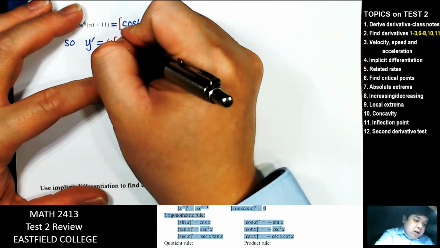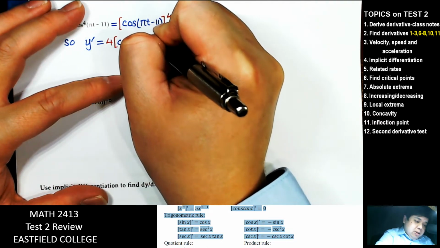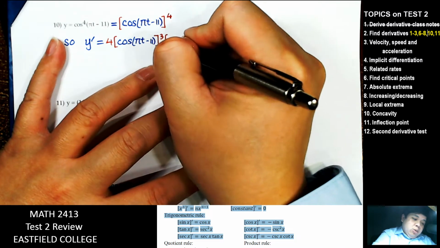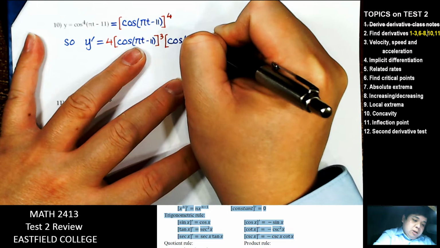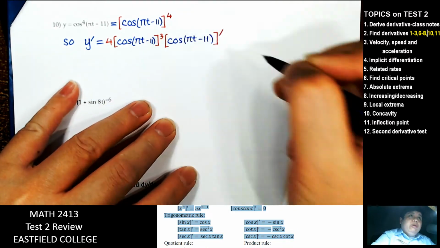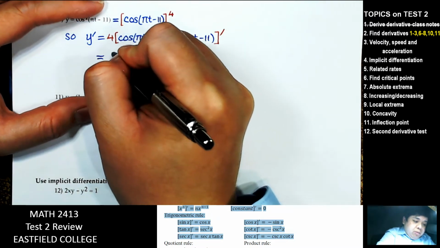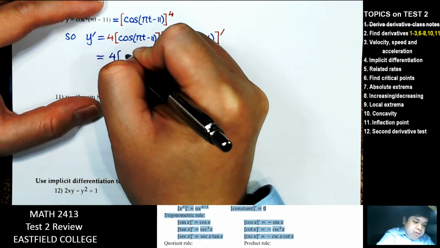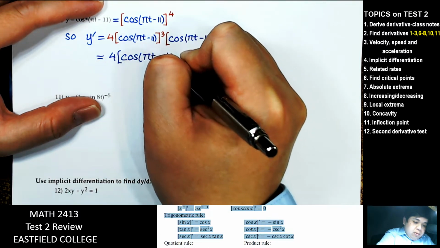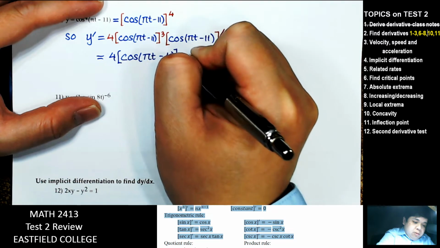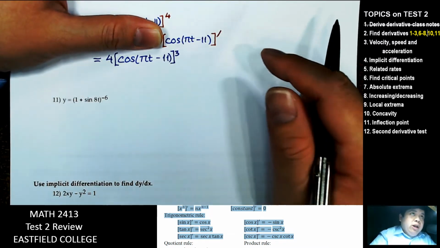Now inside the bracket is this, and so we just repeat this. Check the derivative of the bracket. Now all of this will stay the same. Now focus on this derivative only.